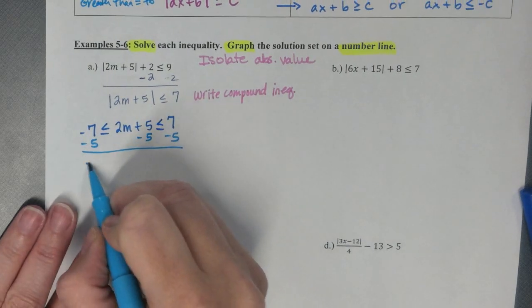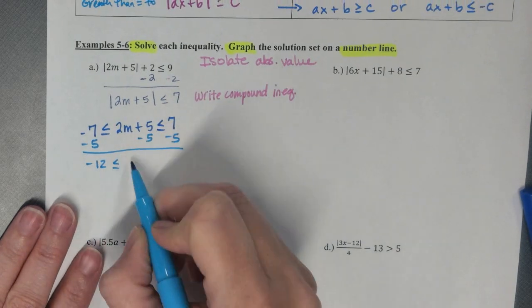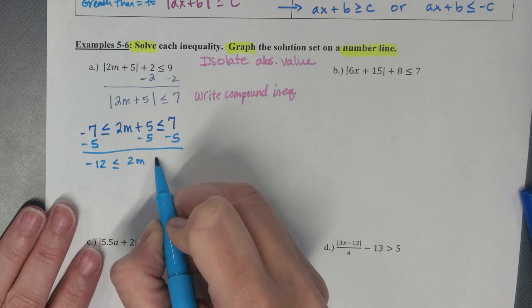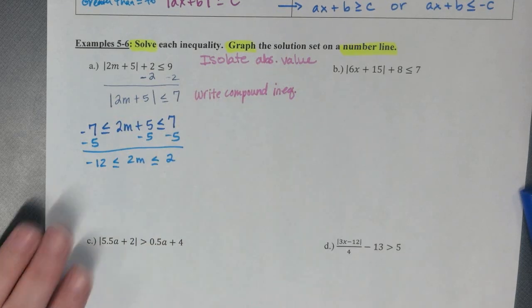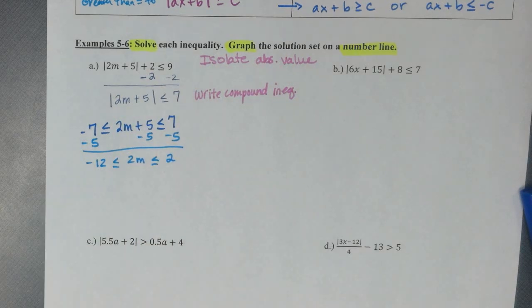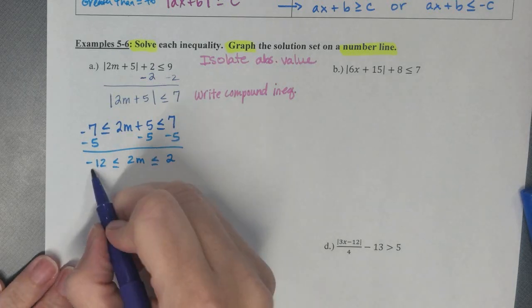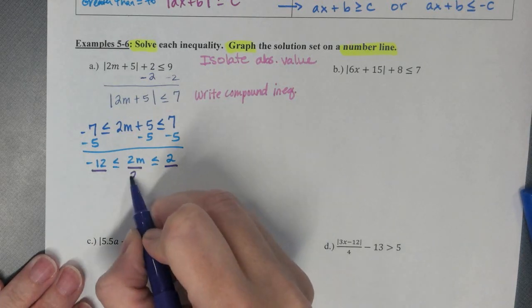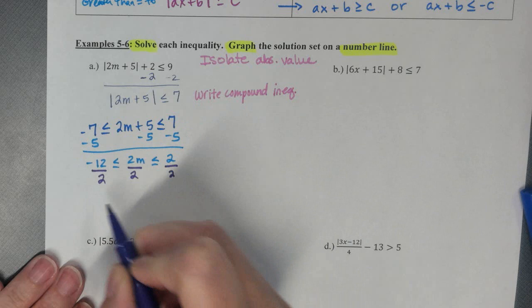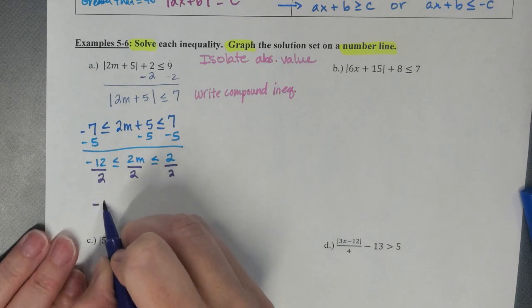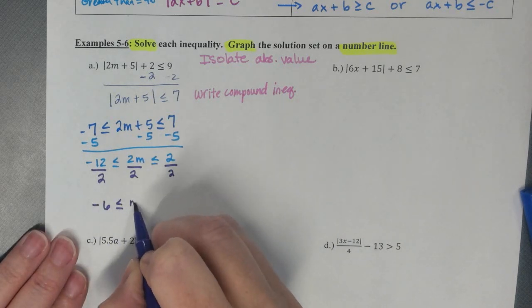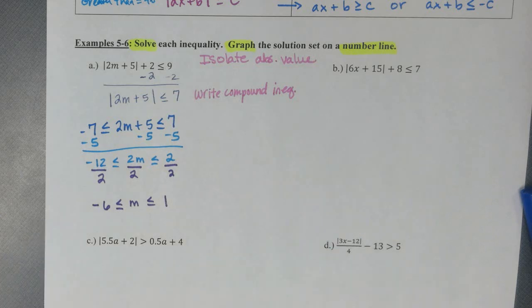So negative 12 is less than or equal to 2m, which is less than or equal to 2. Then from there, we're just going to divide each side by 2. So negative 6 is less than or equal to m, which is less than or equal to 1.